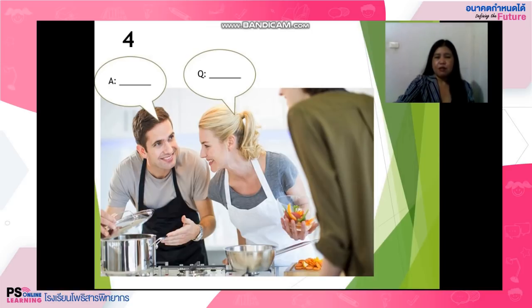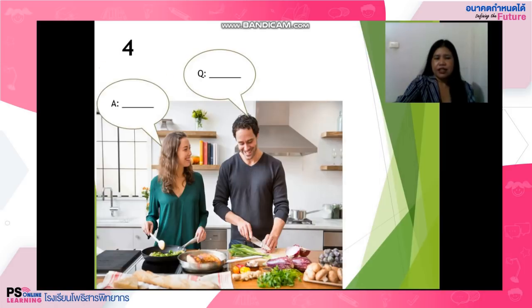Last one, number 5. The pictures are only 5, so you will just need to write 5 conversation, okay? That is number 5. Sorry for the number, but that is number 5. I will repeat, the number on the photo, on the slide is 4, but that is for number 5, okay? That picture is different from number 4. So still, they are in the kitchen, but they are doing something else. They are doing a different thing from number 4.